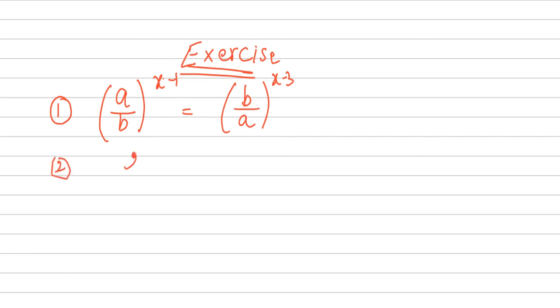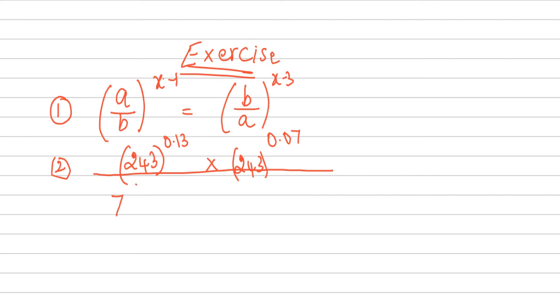And the second problem, 243 to the power 0.13 multiplied by 243 to the power 0.07 divided by 7 to the power 0.25 multiplied by 49 to the power 0.075 multiplied by 343 to the power 0.2.